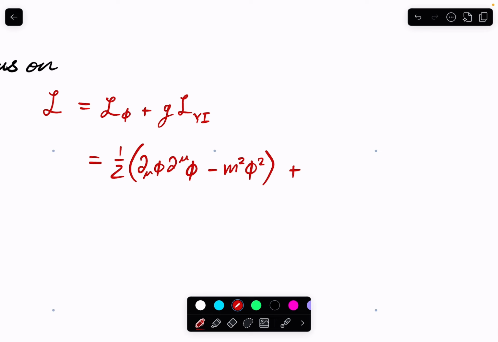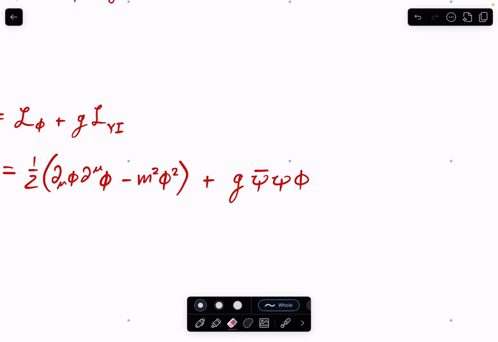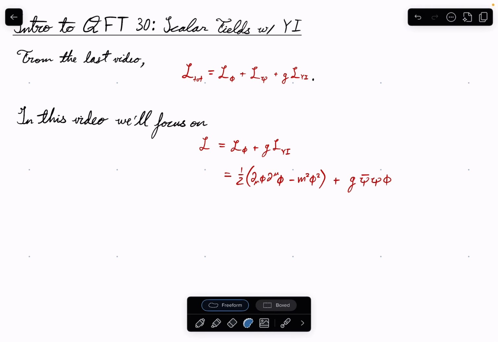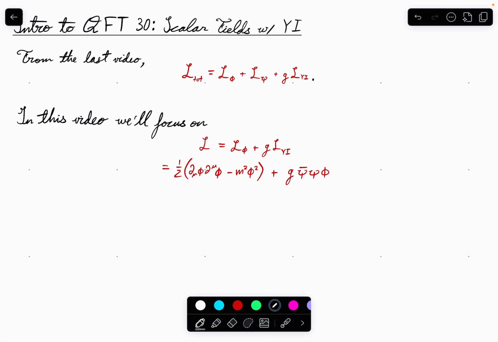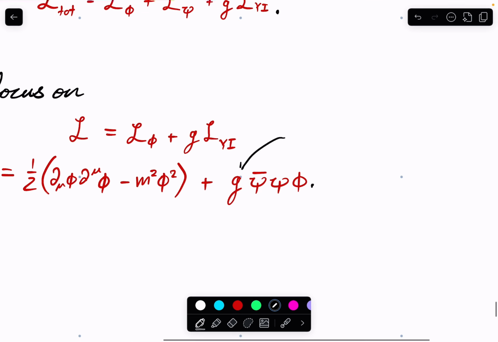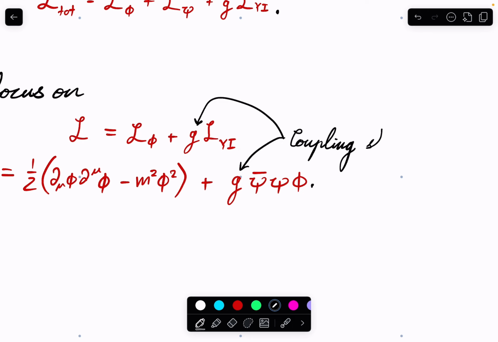And now we get this new term, where this G, which shows up here and here, is the coupling strength.